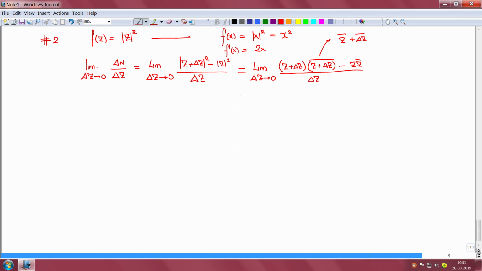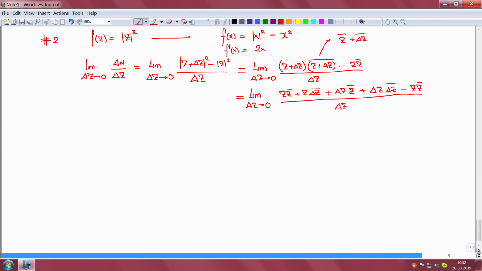So, if we now open this out, we get z times z bar plus z times delta z bar, then plus delta z into z bar plus delta z into delta z bar, minus z into z bar, divided by delta z.